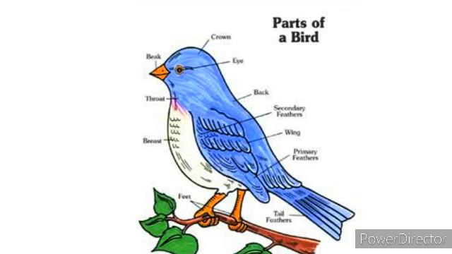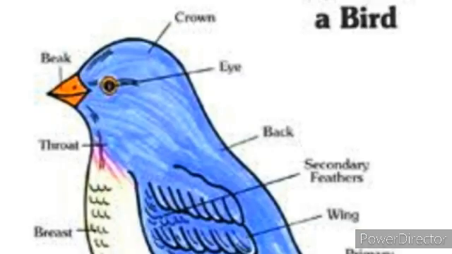The ear is located behind the eyes. So the ears are modified into two tiny spots covered by skin, and these ears are located behind the eyes.